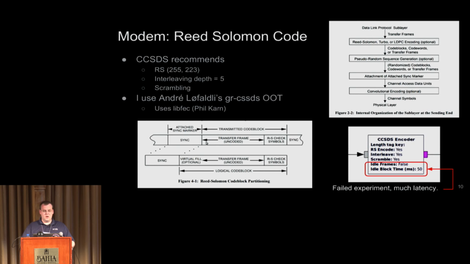Oh, it does, cool. These are clips from CCSDS documents, which, they suck, but they just show some of the optional coding schemes you can do, and we're doing them all. And here you can see this sync marker is the ASM I was talking about. And then this shows the big Reed-Solomon code blocks and parity symbols.